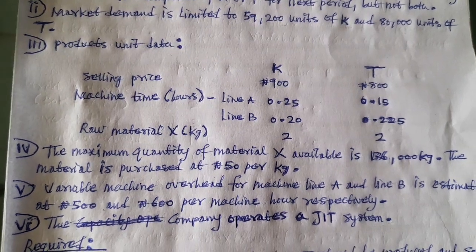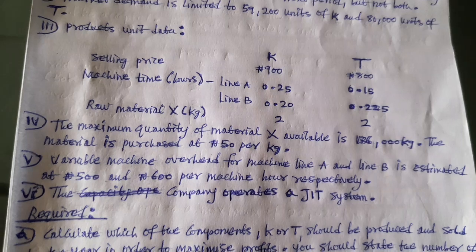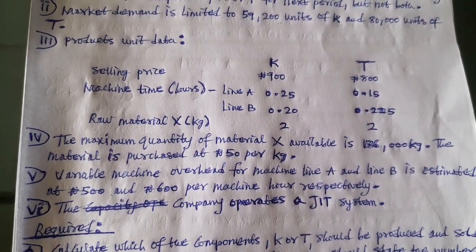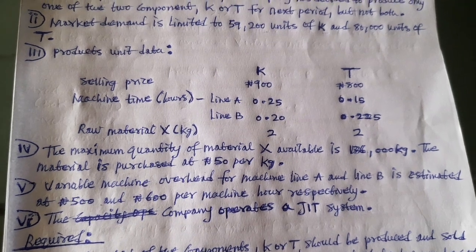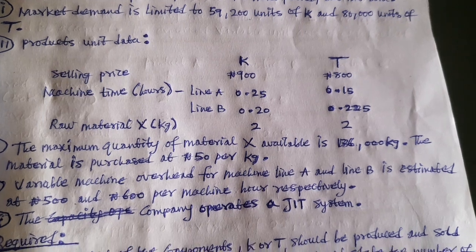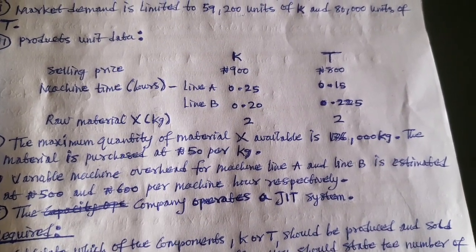Product units data. Selling price for K is 900 naira and for T is 800 naira. Machine time in hours: for K, line A is 0.25 and line B is 0.20. For T, line A is 0.15 and line B is 0.225.